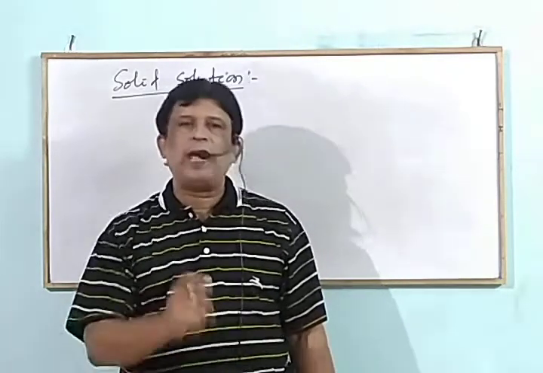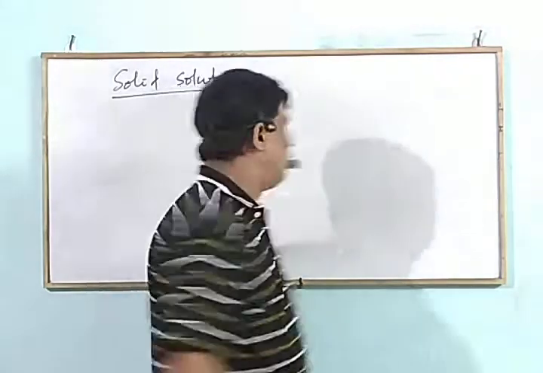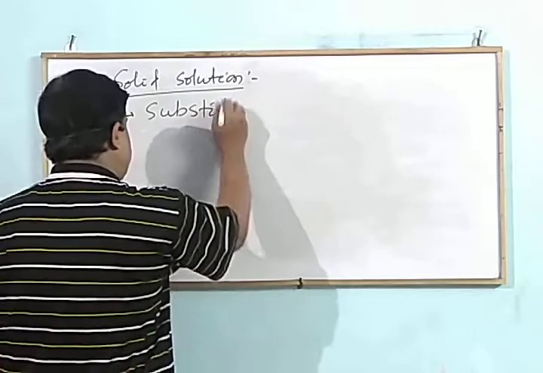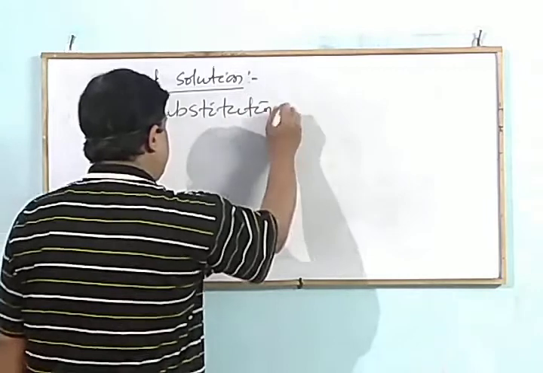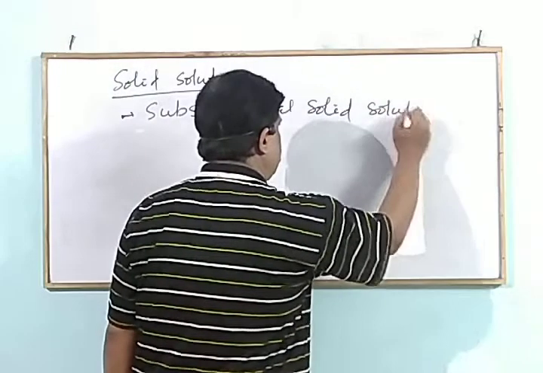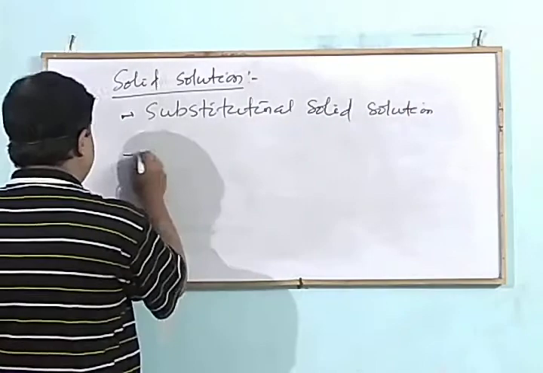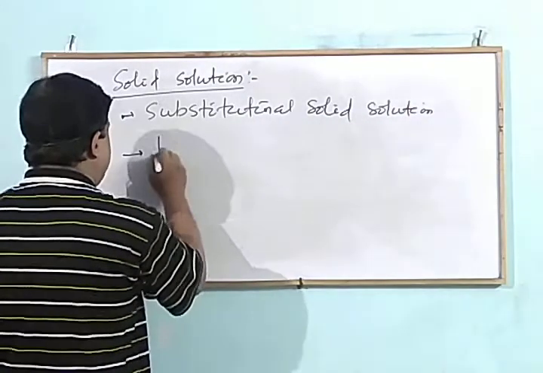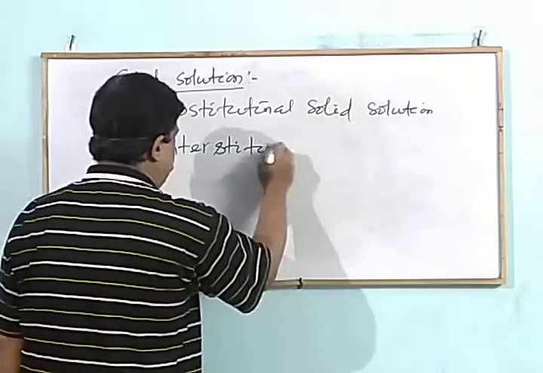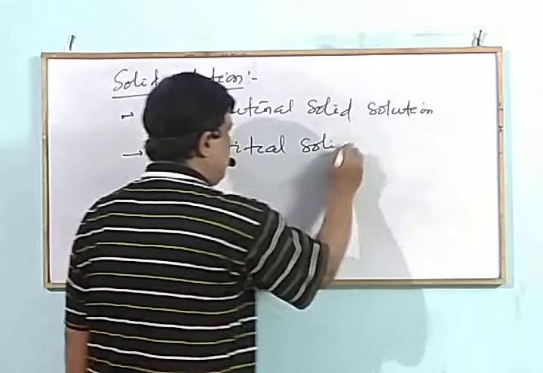Generally, there are two types of solid solution. One is substitutional solid solution, and one is interstitial solid solution.